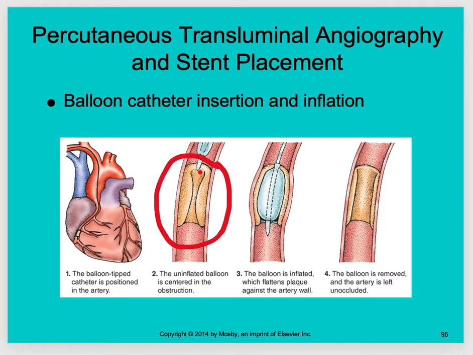They inserted the deflated balloon, then they blow up the balloon, push out the lumen, and this hopefully will stay free flowing for as long as possible. So they remove the balloon and the artery is left unoccluded. Okay.